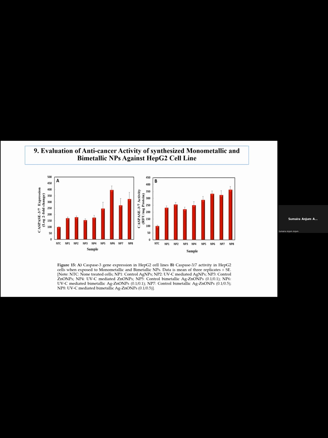So we concluded that in case of anti-cancerous activities, the bimetallic nanoparticles, specifically the UVC irradiated nanoparticles, show the highest activity due to their needle-type shapes and smaller size as compared to the other monometallic nanoparticles.